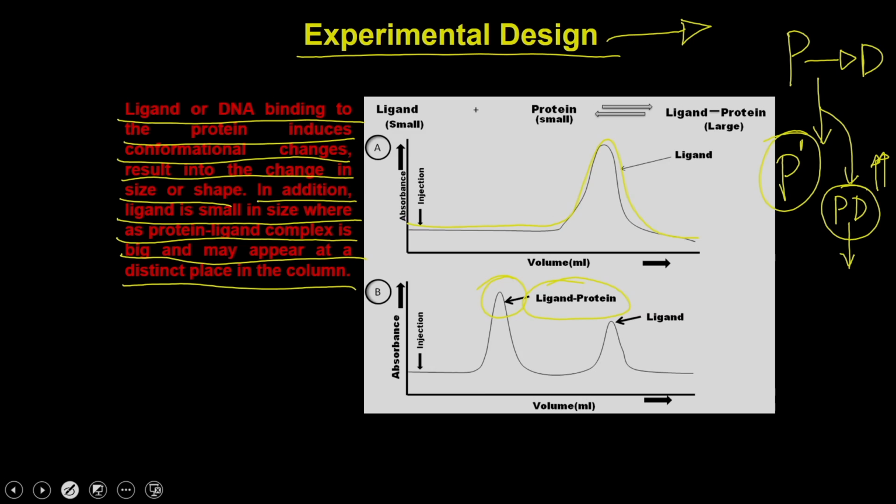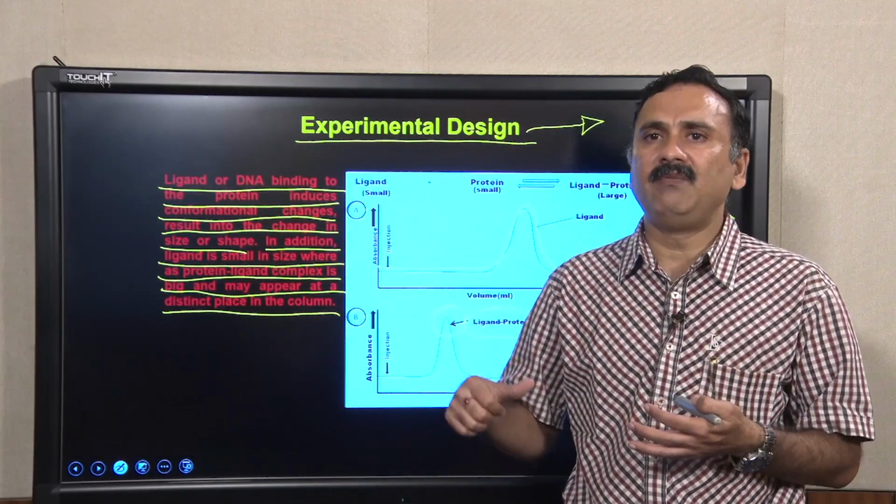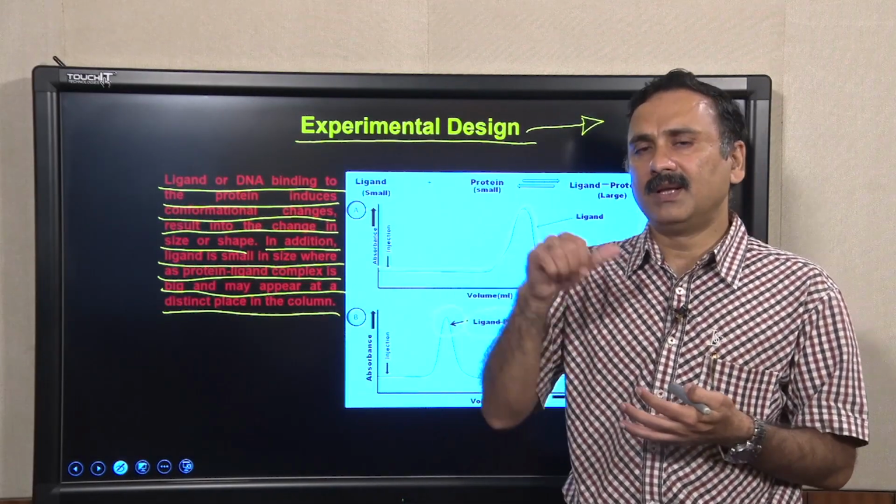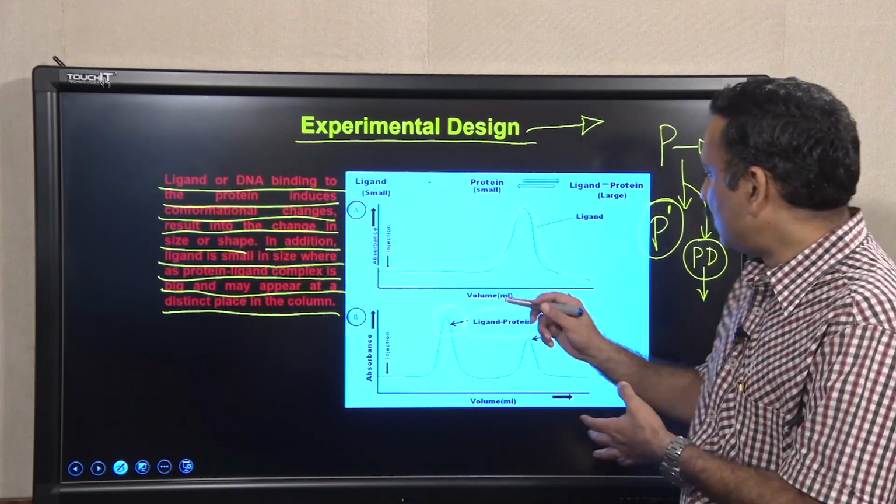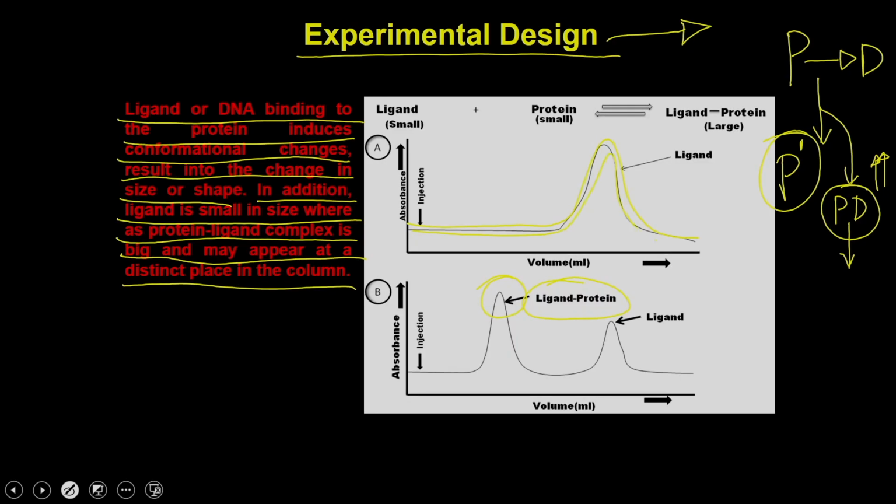We are showing this experiment only for DNA, but you can also study the interaction of small ligands such as a substrate with the protein using gel filtration chromatography, because the substrates are very small, they run as a separate peak, and when they are in a complex with the protein, they run very separately from the ligand peak. That is how you can understand the interaction of the ligand with the protein.